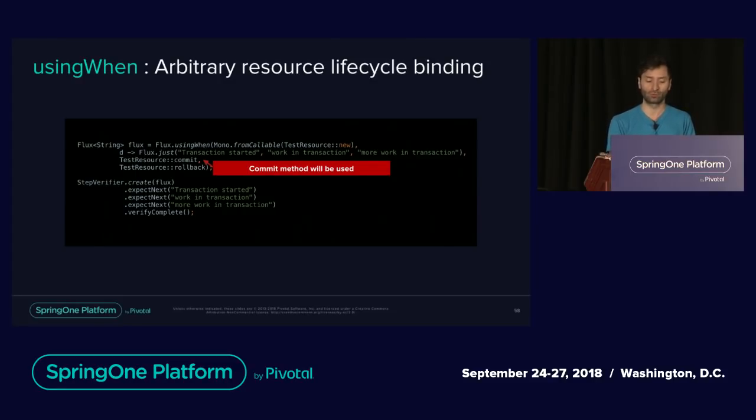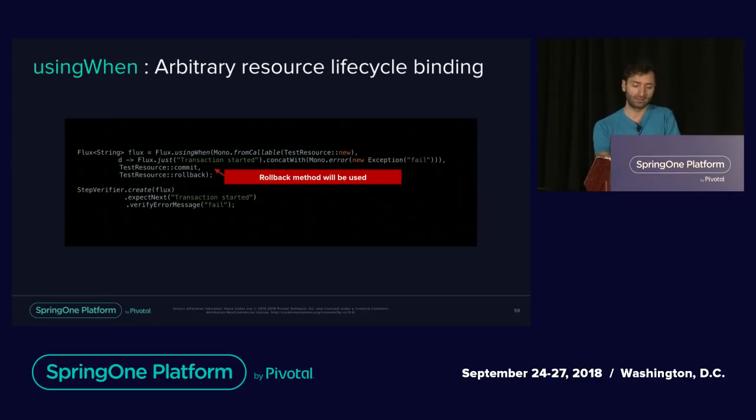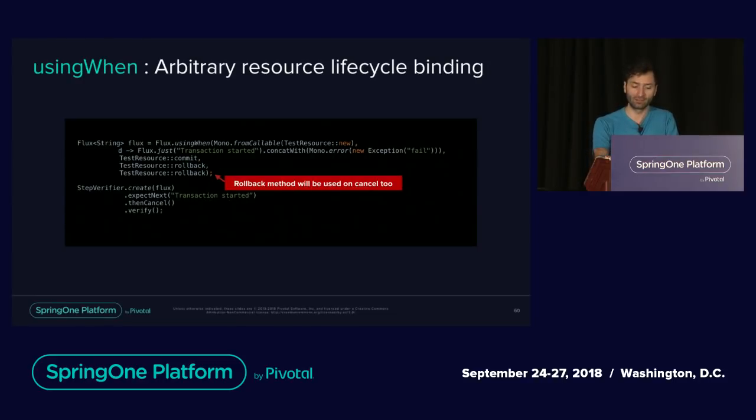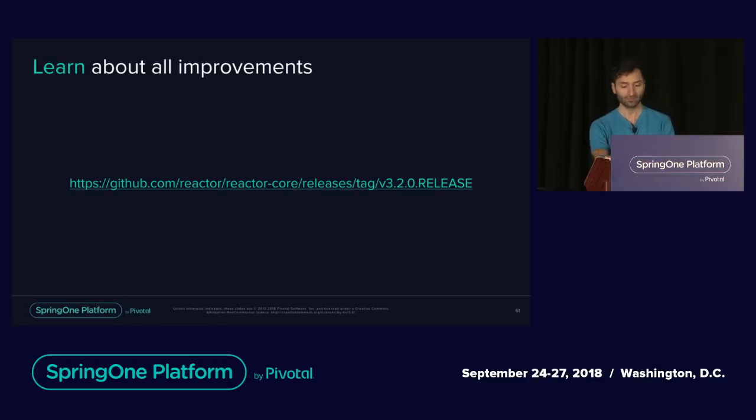So here we call back when it starts to commit, when it stops to commit. And the interesting part is when there is an error, we call the alternative flux, which is here the rollback. And it's not only for the error, we can also do that for the cancellation. So if you add an extra argument to this new usingWhen method, you can also call something when the flow has been canceled, which is pretty important.